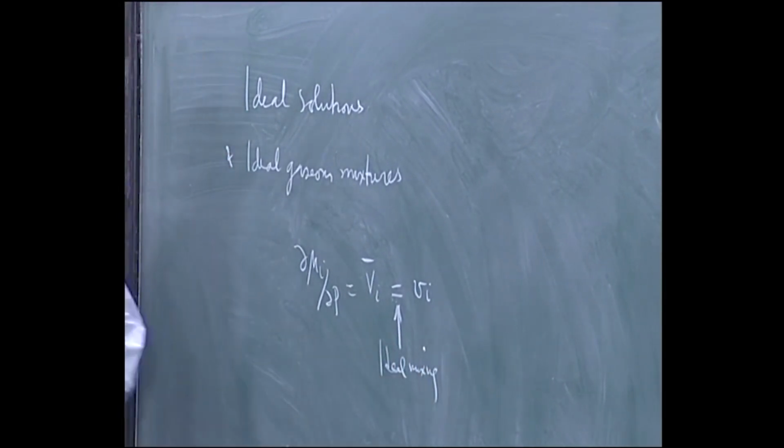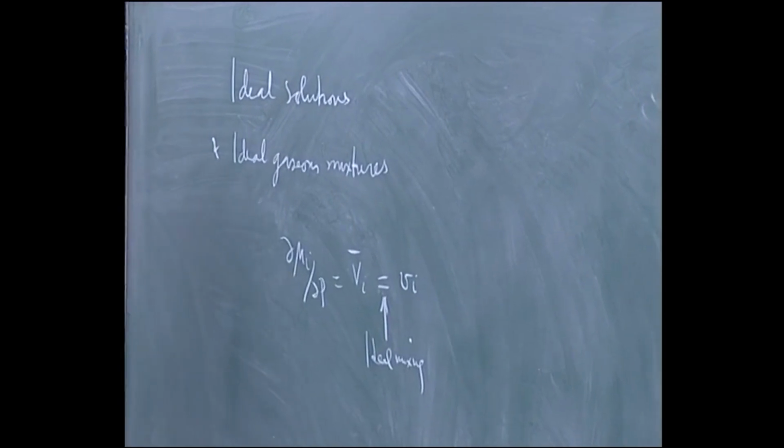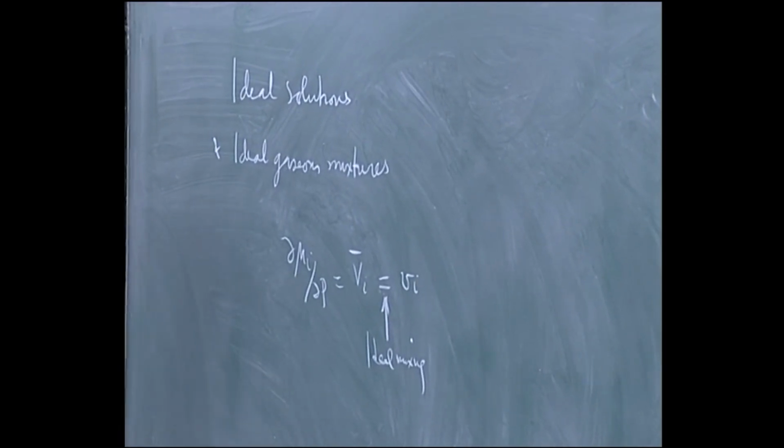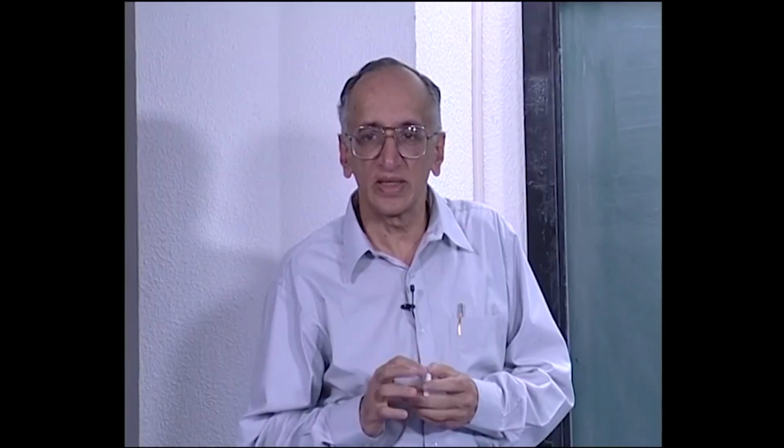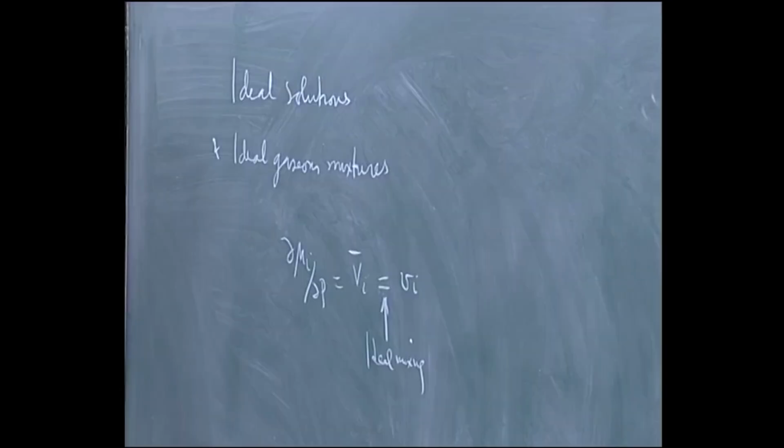If the process of mixing is ideal, there is no volume change on mixing, because ideally molecules do not occupy volume. And ideally molecules do not interact with one another, so there is no enthalpy change. So, these are the two basic definitions of ideal mixing.